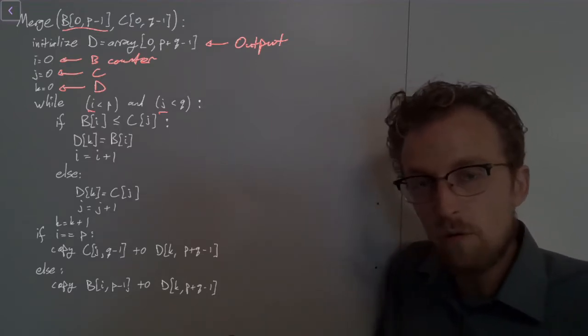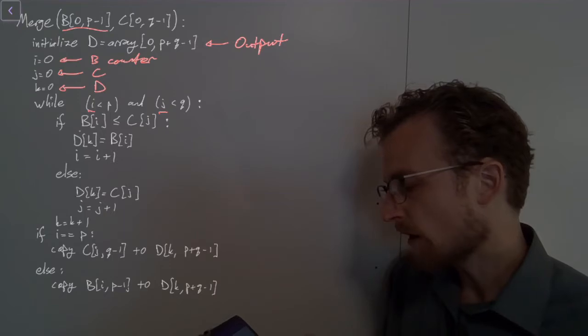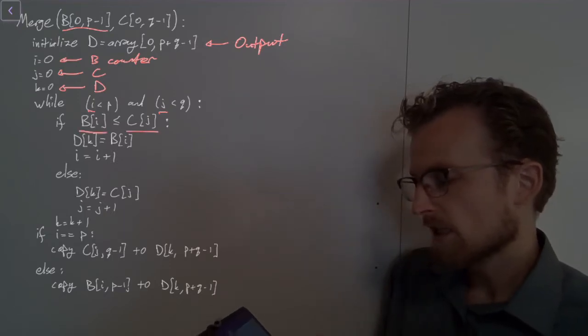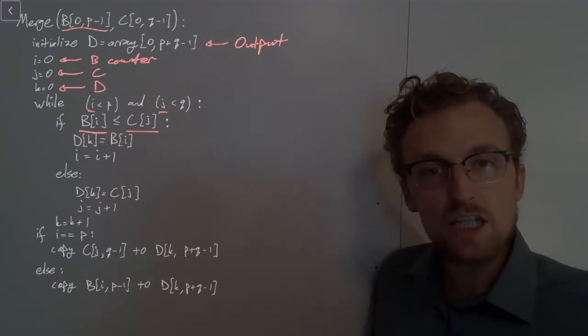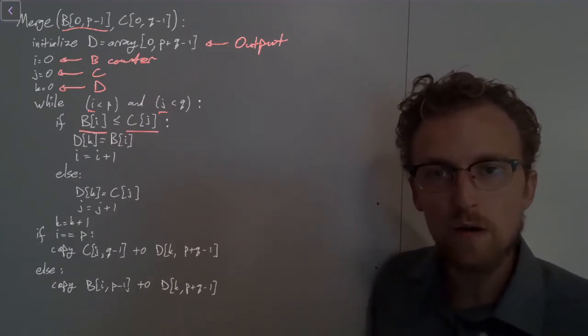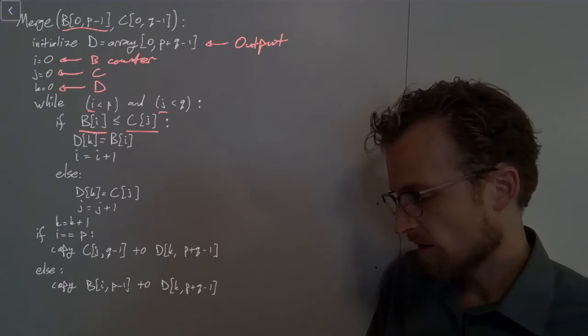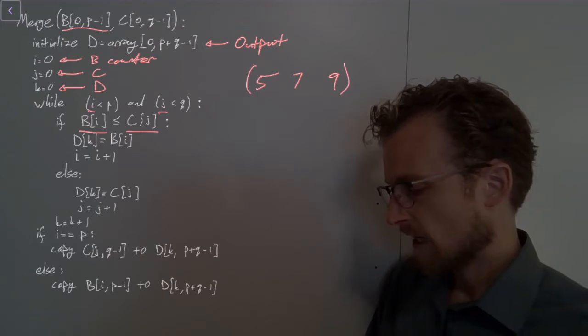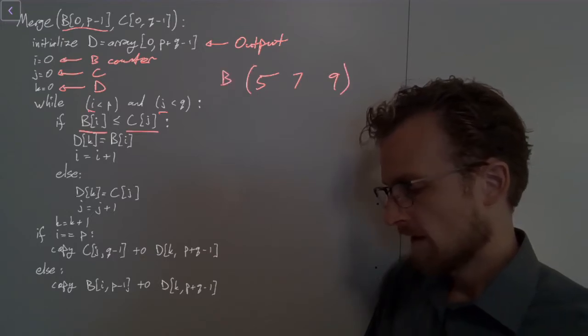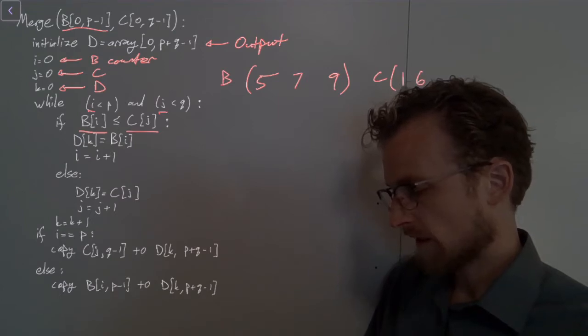So basically what we're going to do is we're going to say if the place we are in B is less than the place we are in C, then that means that the next thing that needs to go into our output array is from B. Right? So if you think about it like this, we've got 5, 7, 9, say that's B, and C is 1, 6, 10.